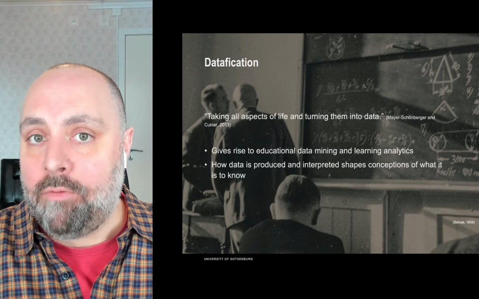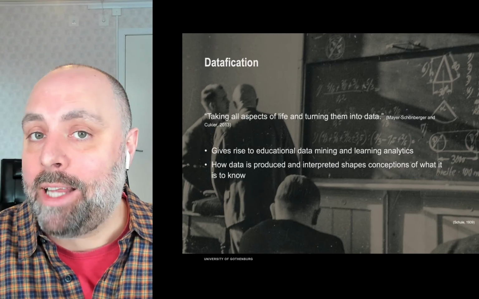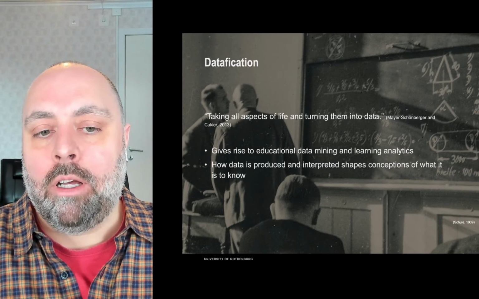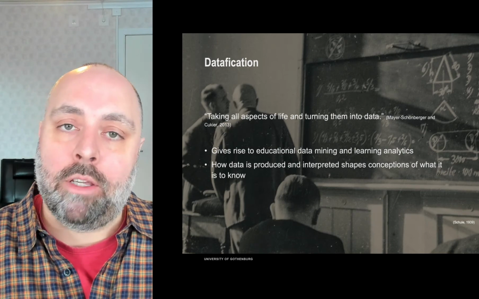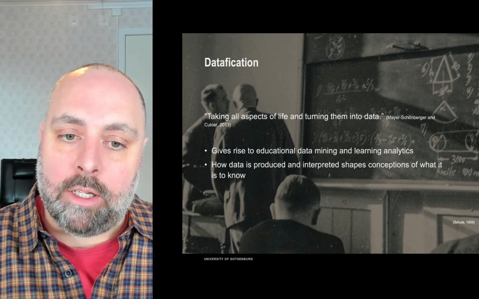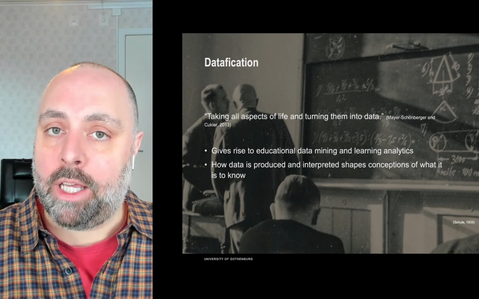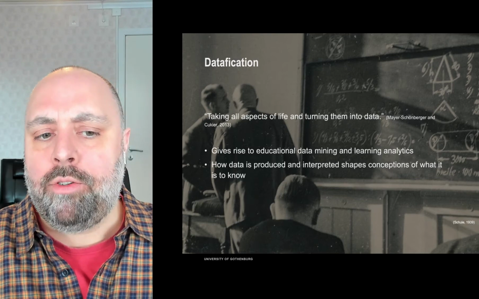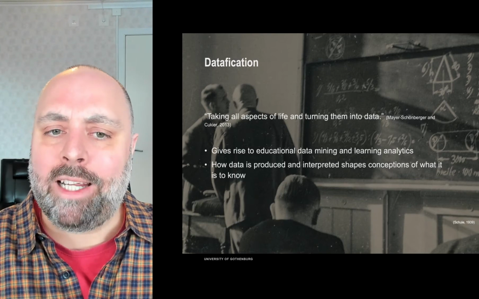The kind of classic version would be exams: a national exam or a standardized exam that produces data that can then be used to judge the quality of schooling or the performance of students is an absolutely classic version of datafication in schools. But how data is produced and interpreted shapes conceptions of what it is to know.